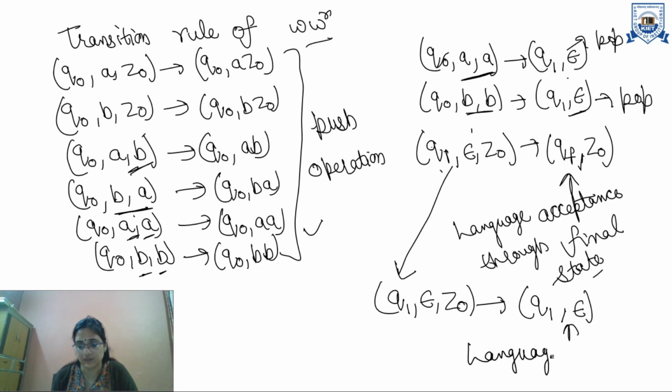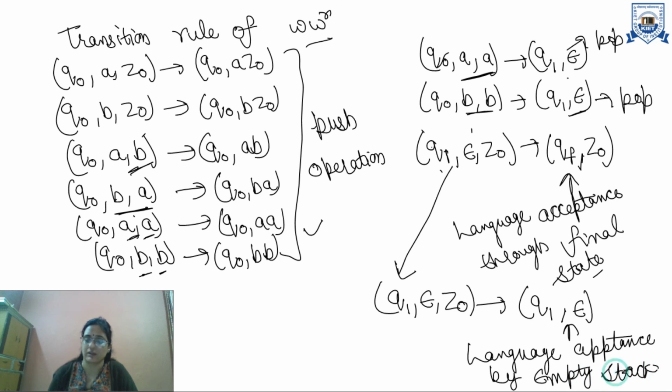So this one is the language acceptance by empty stack. That means I removed all the elements from the stack. So please remember that whether we are taking the example of deterministic pushdown automata or non-deterministic pushdown automata, language acceptance can be done through two ways: either through the final state, or acceptance by the empty stack.